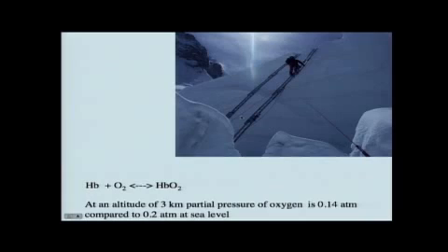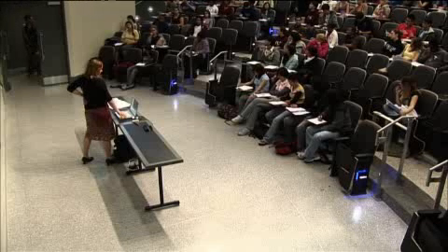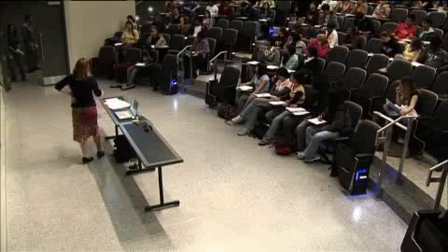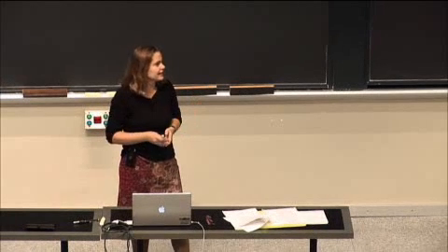What direction does it shift? To products or reactants? Right. If this is going down, then some of your oxygenated hemoglobin is going to release its oxygen. So it'll respond in such a way to compensate for that added stress.